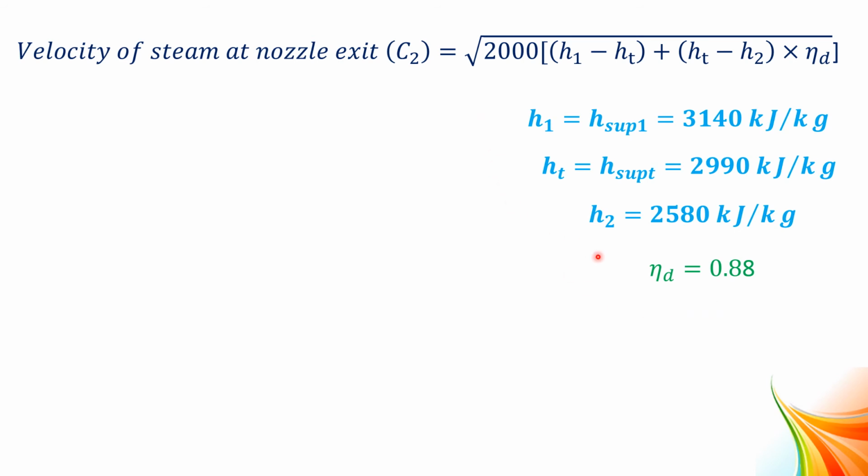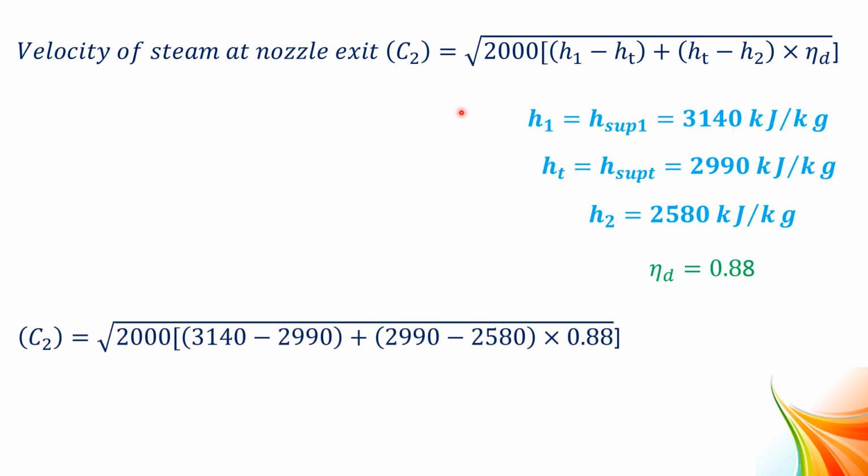Now substitute these four values in this velocity equation. So we get the velocity of steam at the nozzle exit C2 equal to 1010.74 meters per second.